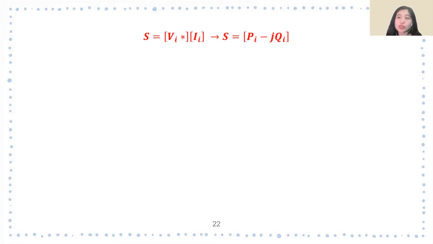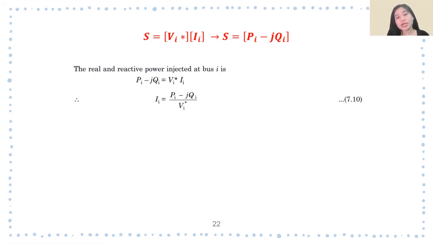And that equation number 2 naman is mainly focusing on the formula of our apparent power. Going back sa ating AC machines or even sa AC circuits, S is equivalent to V conjugate times I. Okay, wherein S is known to be the apparent power, which is equivalent to the real power minus j times the reactive power. Wherein this real and reactive power injected at bus i is going to be P_i minus jQ_i equivalent to V_i conjugate times I_i.